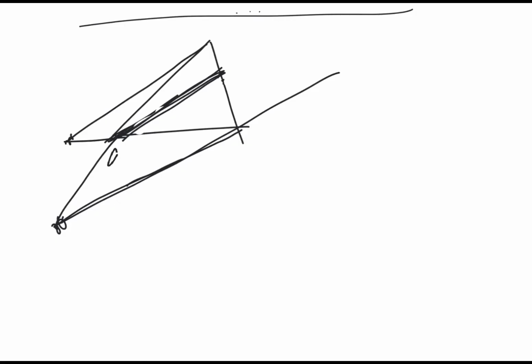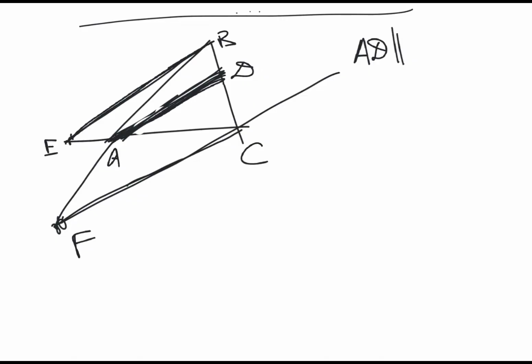So this is A, B, C, D, E, F. So we assume that AD is parallel to BE and is parallel to CF. And we need to prove that the product of the ratios is again equal to 1.